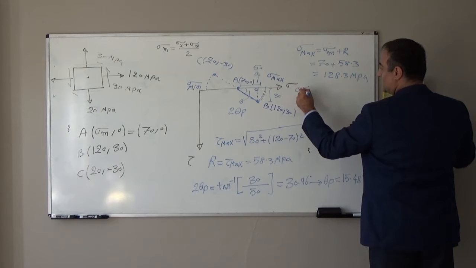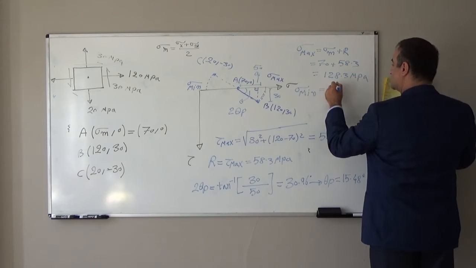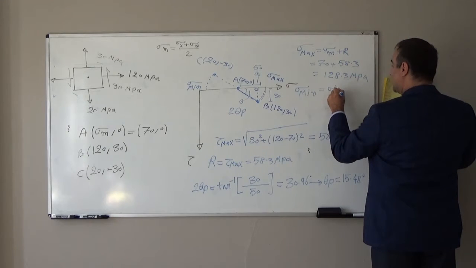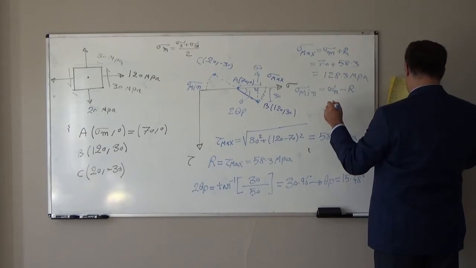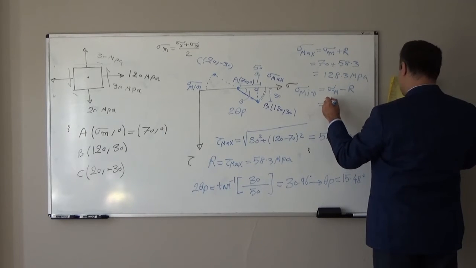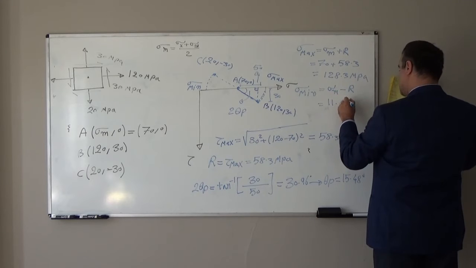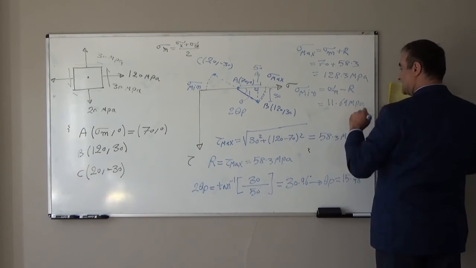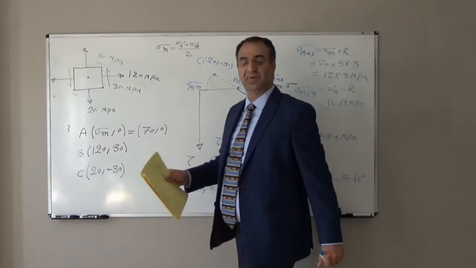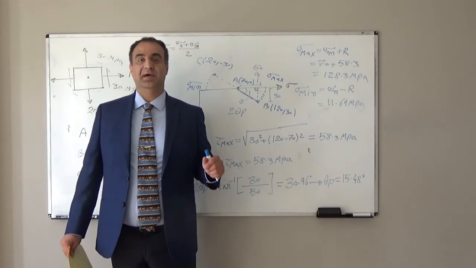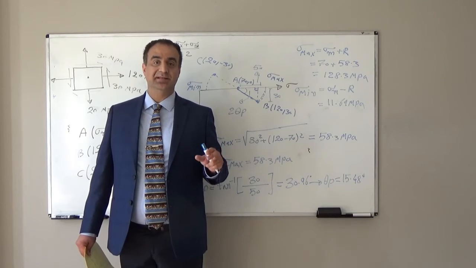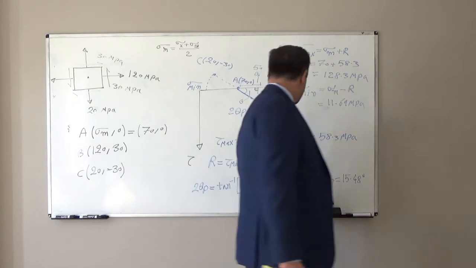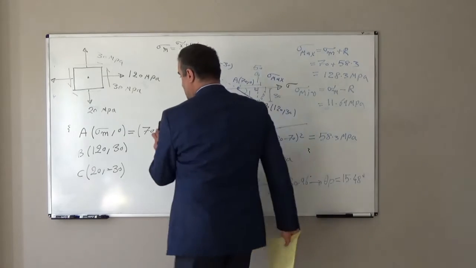And sigma min is equal to sigma m, the mean stress, minus R. That will be equal to 11.69 megapascal. Now I have the magnitude of the maximum and minimum normal stresses, which we call principal stresses, and the orientation or direction. So I can show here.